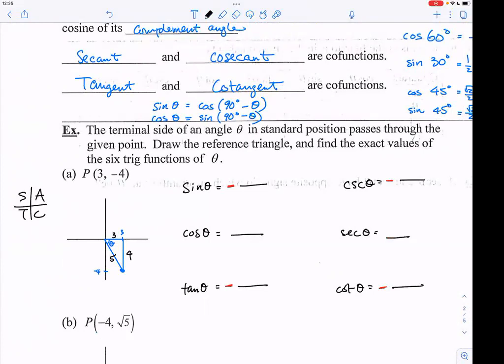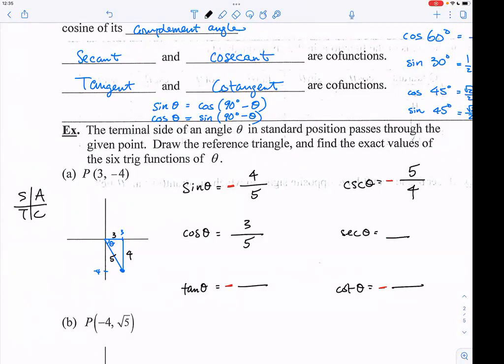So sine theta is 4/5, opposite over hypotenuse. And cosecant is just the reciprocal. Cosine theta is 3/5.